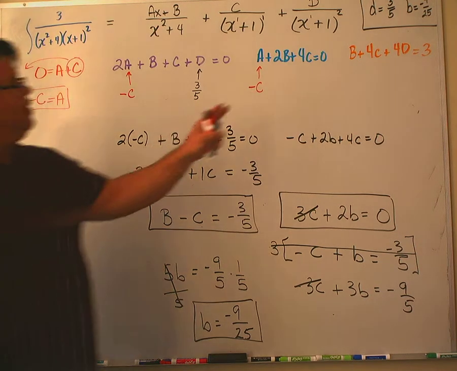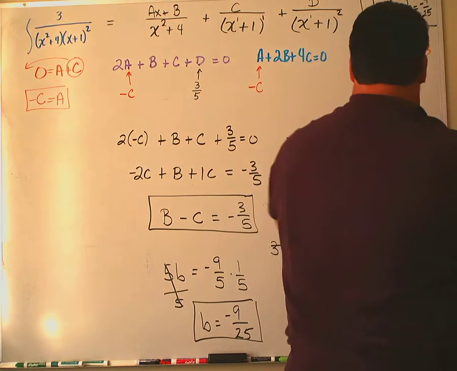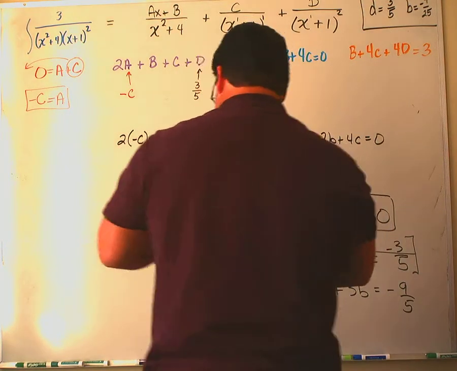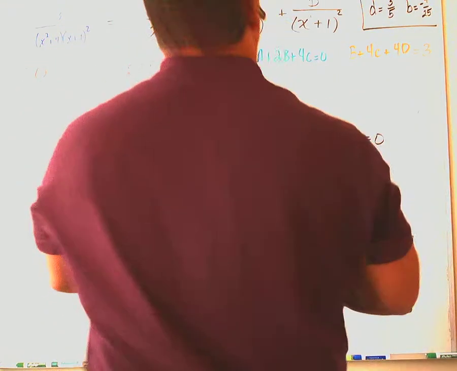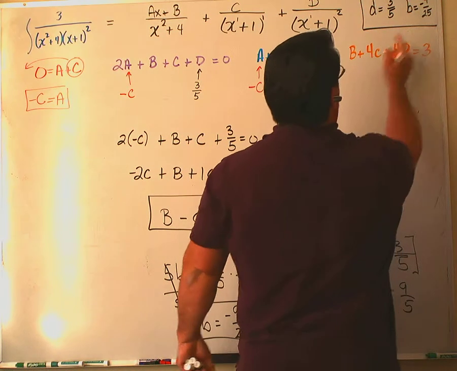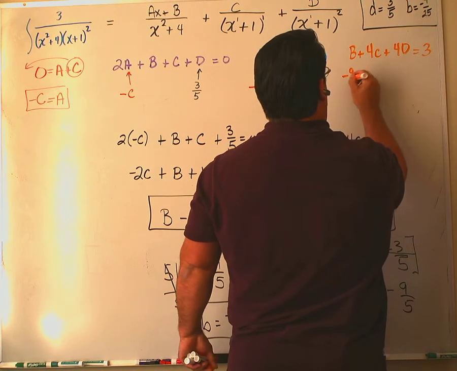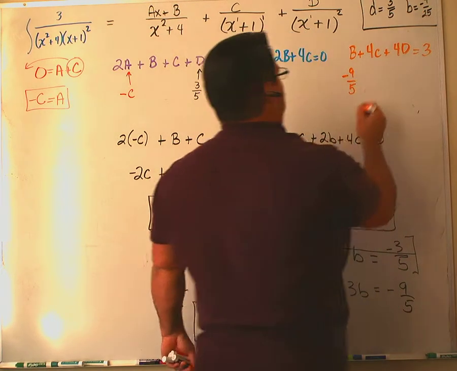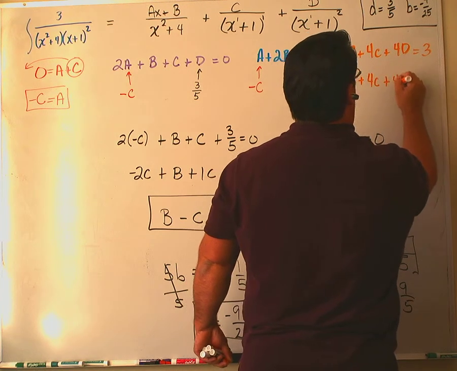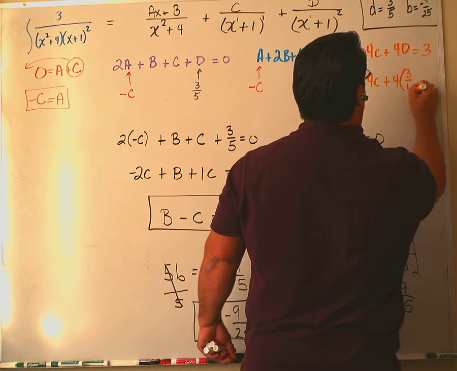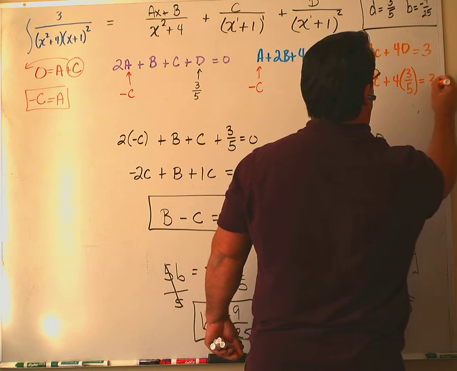We'll use this orange one over here and put the numbers in. B is equal to negative 9/25 plus 4C plus 4 times 3/5 is equal to 3.